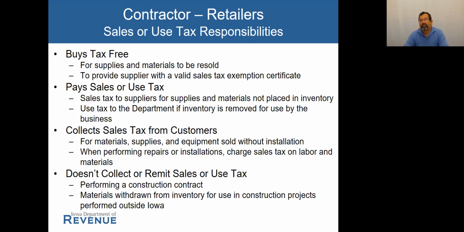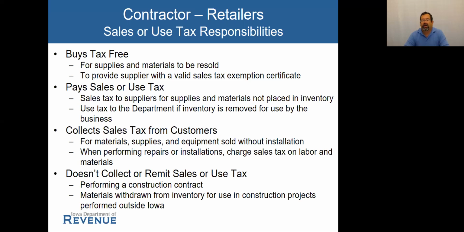When they buy those materials, they provide their supplier with a valid sales tax exemption certificate. And they either pay sales or use tax. They'll pay sales tax to the supplier for supplies and materials that are not placed in inventory. And they'll pay use tax to the department if it's in the inventory, and then it's later removed for use by the business.